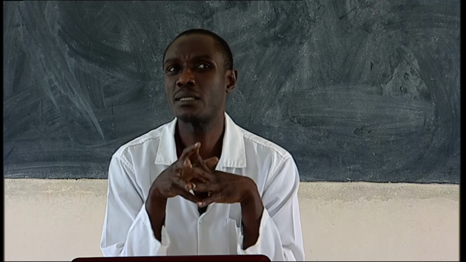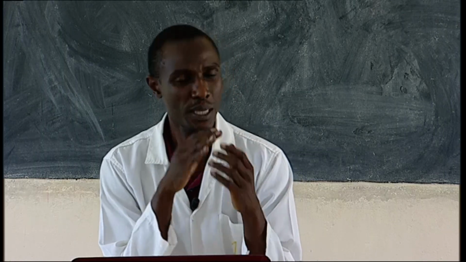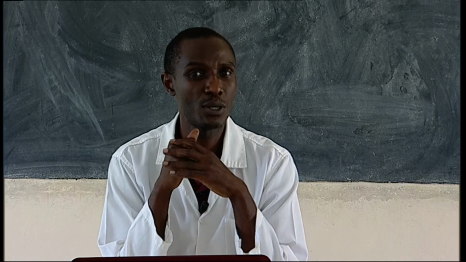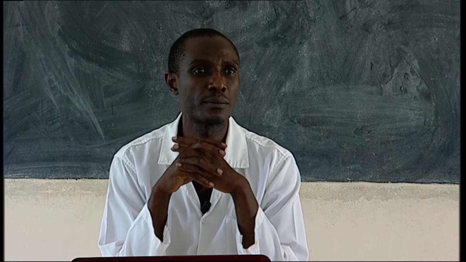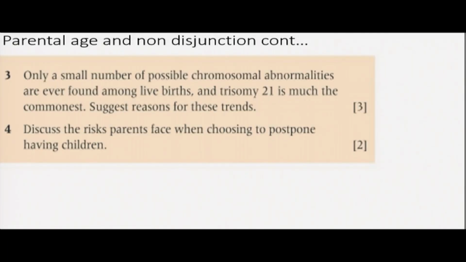Very few anomalies in childbirth, but among those few, the greatest frequency actually appears in trisomy, Down syndrome. Can we try to give a possible explanation and reason for that trend?